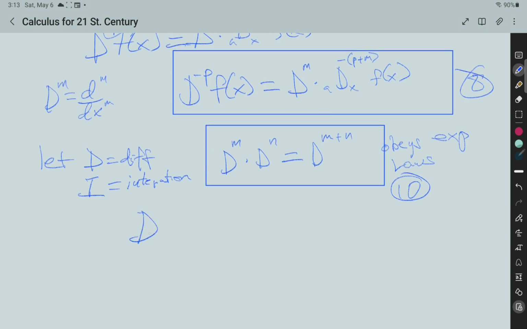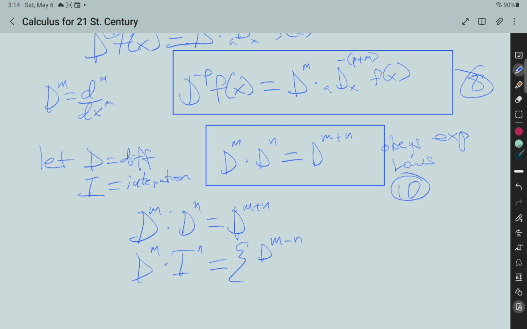So if you have D to the M acting on D to the N, then the resulting operation is going to be D to the M plus N. If you have D to the M and integration to the n power, or D to the negative n, then this here is equal to, depending on the magnitude of m and n, differentiation of m minus n.